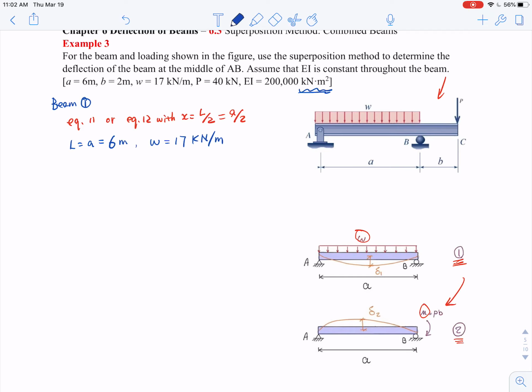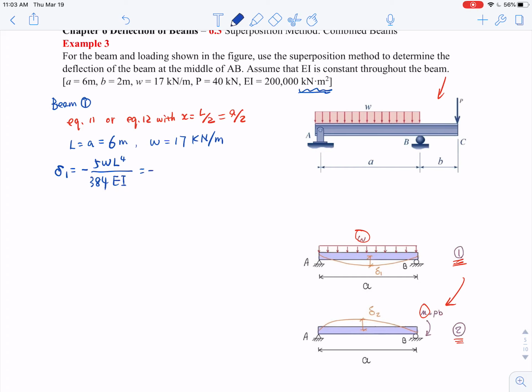In this case, delta 1, if we use equation 11, can be calculated as negative 5 W L to the 4th over 384 EI.